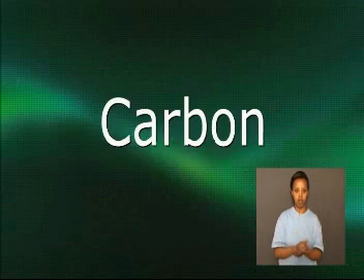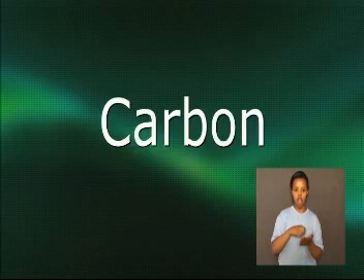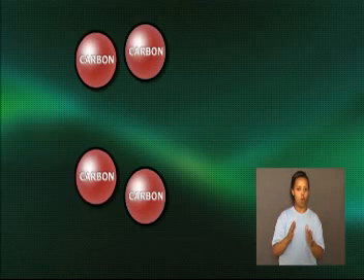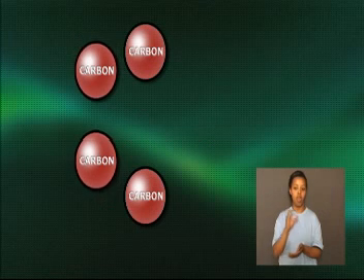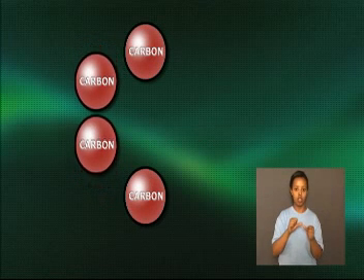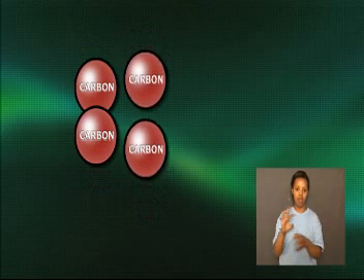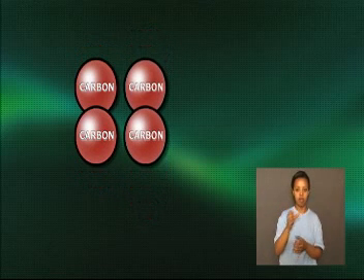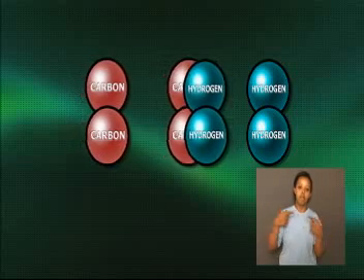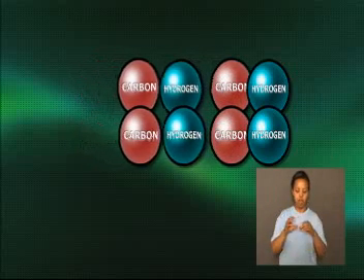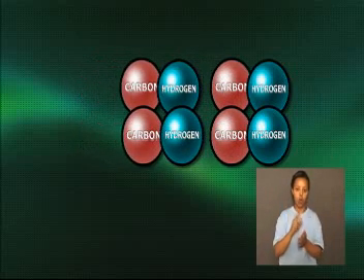The presence of carbon is the key feature of organic molecules. Carbon atoms readily form chemical bonds with other carbon atoms. They also readily form chemical bonds with hydrogen atoms.